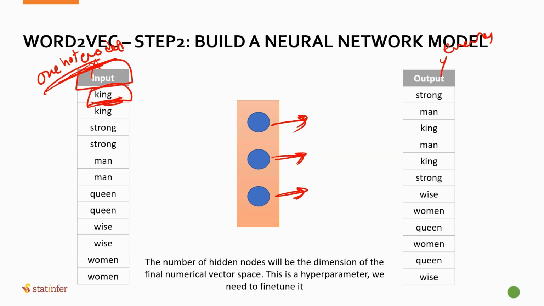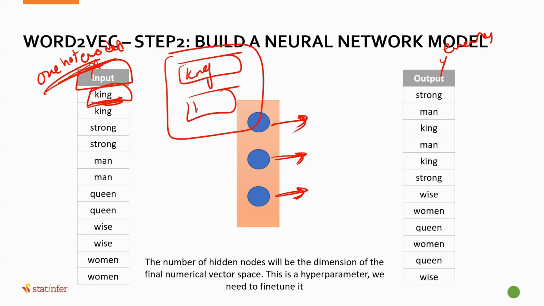Sir, will every document have an individual shallow neural network, or will it be all together? We take the whole corpus, because suppose in document 1 you have king, and in document 2 you also have king. You don't want a different vector for king in each. At the overall vocabulary level, we want to capture all the word relations, so we take the whole corpus.